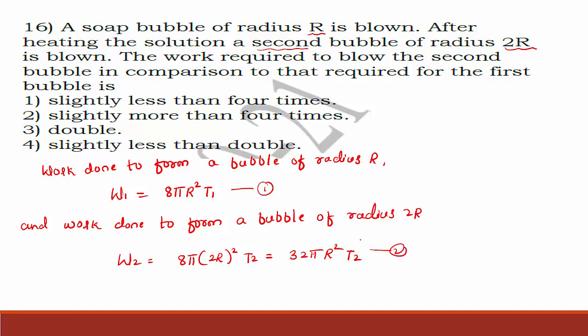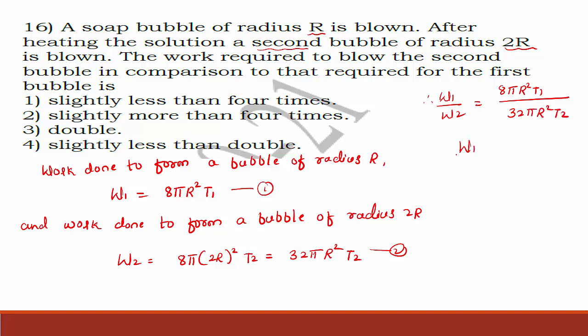So the question is the work required to blow the second bubble in comparison to that required for the first bubble. Therefore, I am going to take W1 divided by W2 is equal to, substitute their values. W1 is 8 pi r square T1 divided by W2 is 32 pi r square T2.